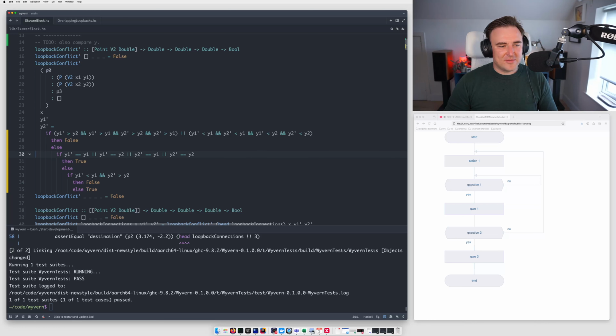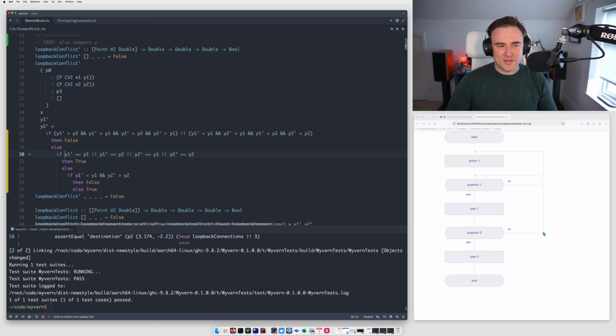So first of all, we need to do something with these connections. They're only partially right. What I mean is, the y1 coordinate is the coordinate of the second connection that we're just going to draw.